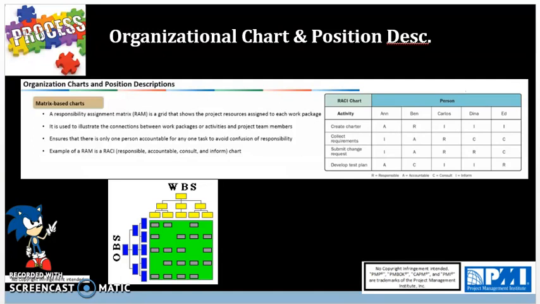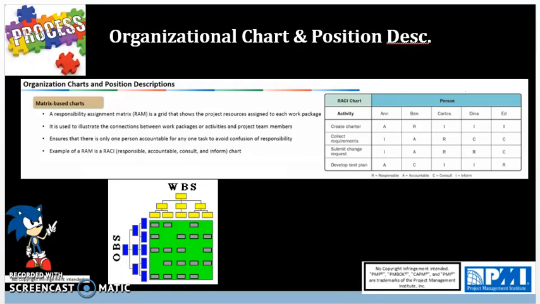As you can see using the RACI matrix, this is taking the activities from the work breakdown structure and assigning them to individuals based on their duties using the organizational breakdown structure. So that's basically why the RACI is a type of RAM.